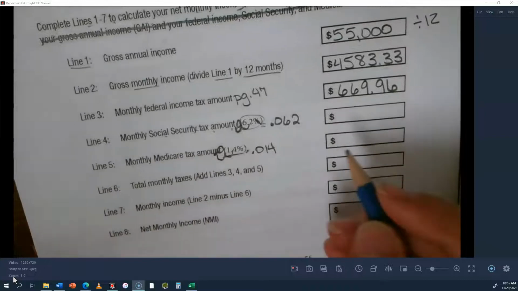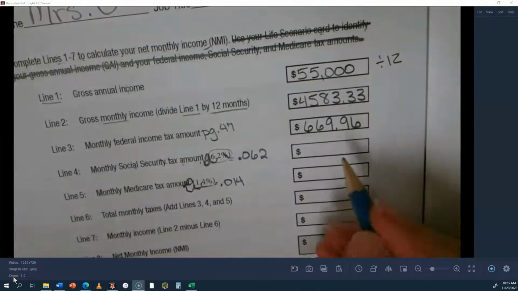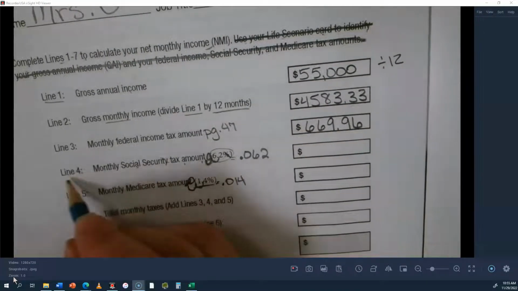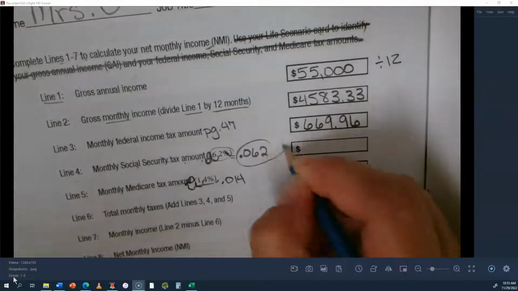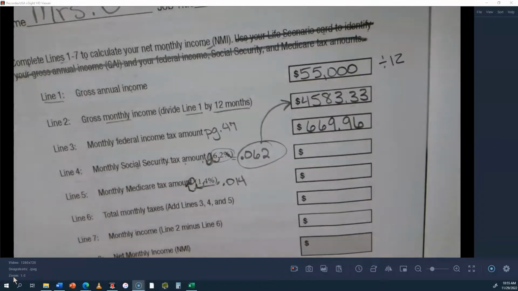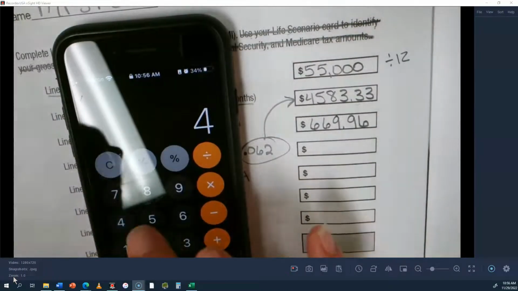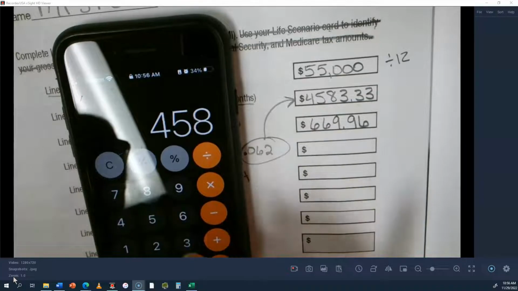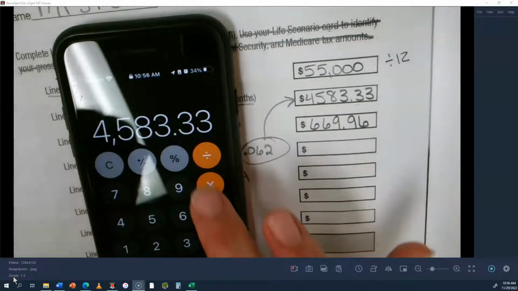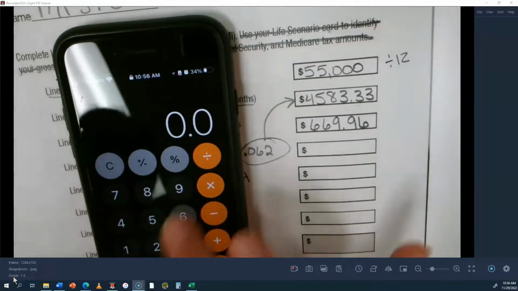All right. Now, to calculate this, you've got to take this amount and multiply it by your gross monthly income. So I'm going to take 4,583.33 and I'm going to multiply it by 0.062.